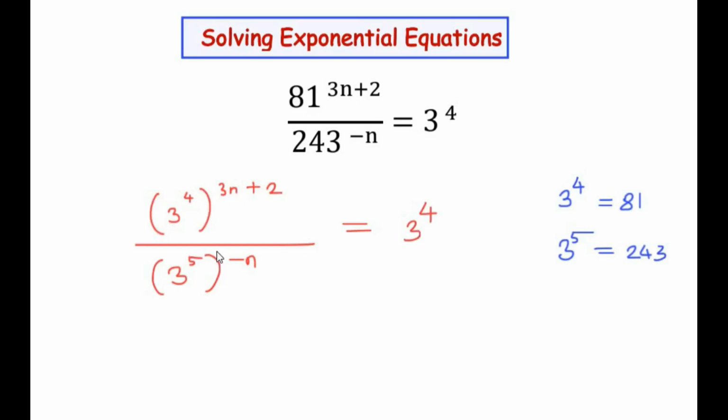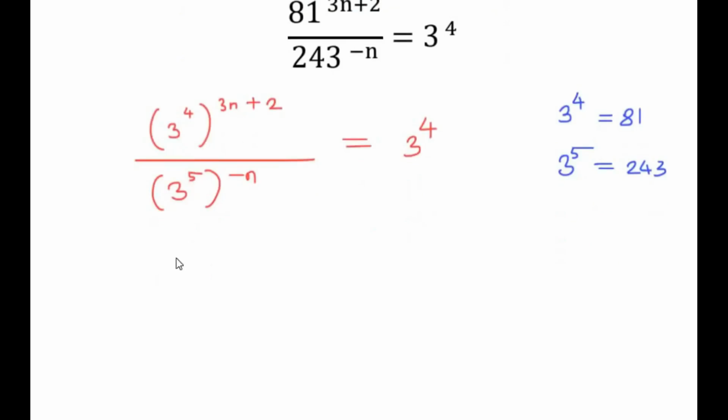Now let us simplify this fraction. That is, by multiplying the powers we get the numerator as 3 to the power of 4 multiplies with 3n giving us 12n plus, now 4 multiplies with 2 giving us 8 divided by, now 3 to the power of 5 multiplies with negative n giving us negative 5n.